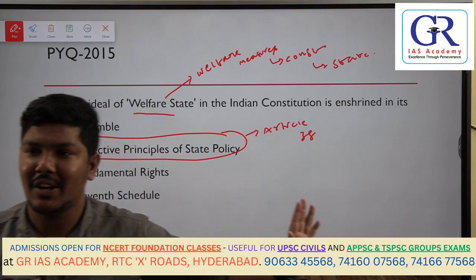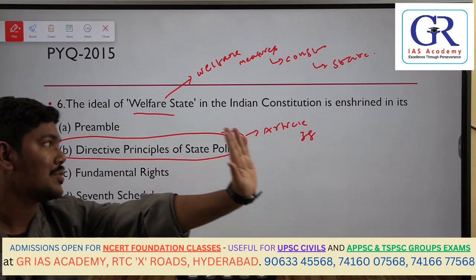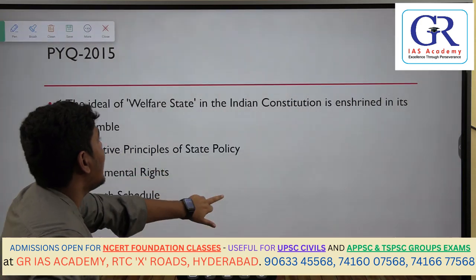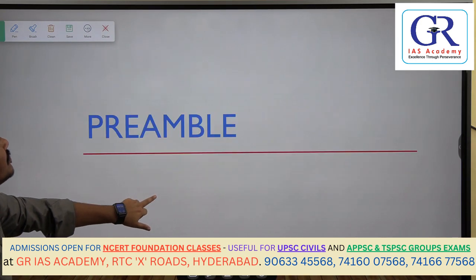Forget about these articles for now. We will see those articles in depth when we go into the foundation batch. As of now, the idea of a welfare state is basically mentioned in the directive principles of state policy.